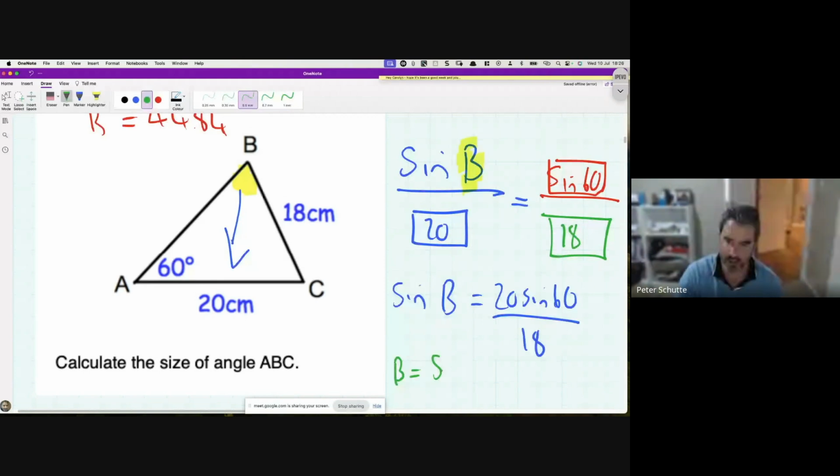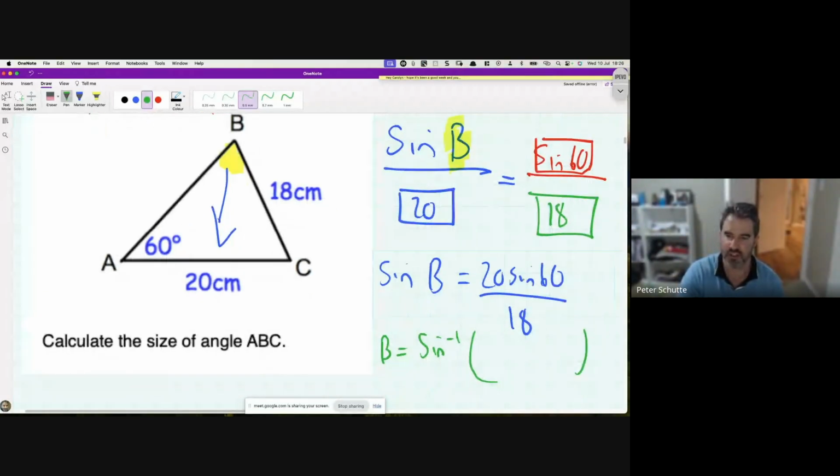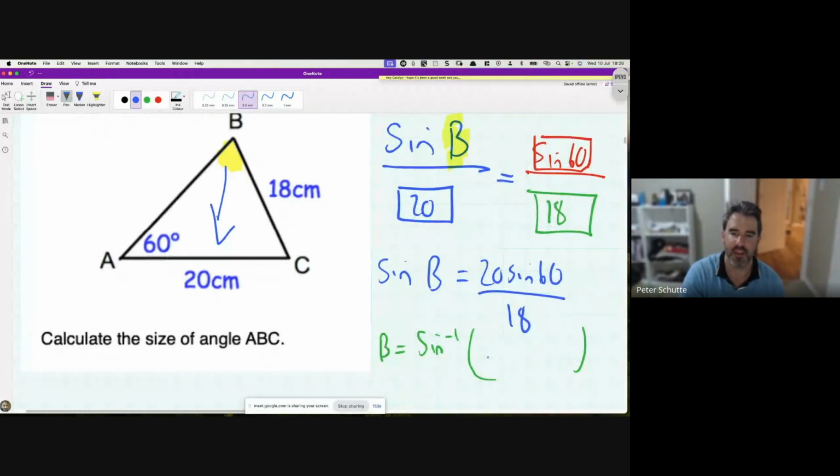I'm going to have to use inverse sine of this big fraction. And then I've obviously got to put this in my calculator properly. So let's see if I can do that.